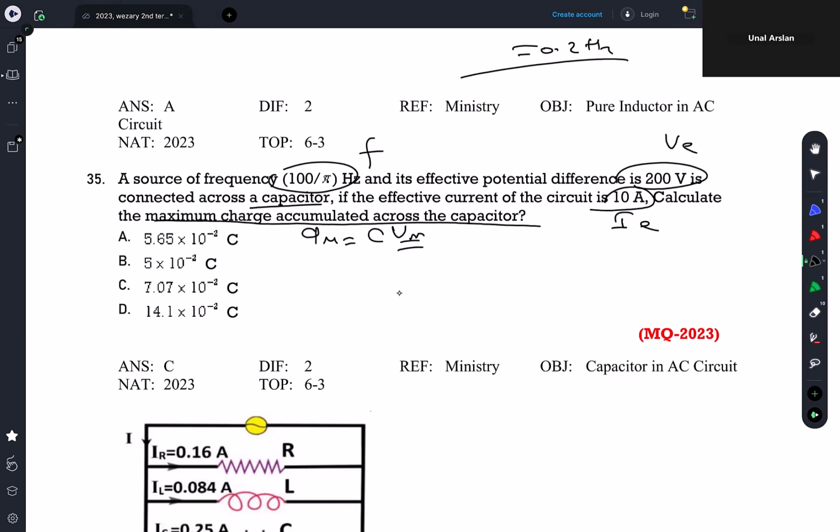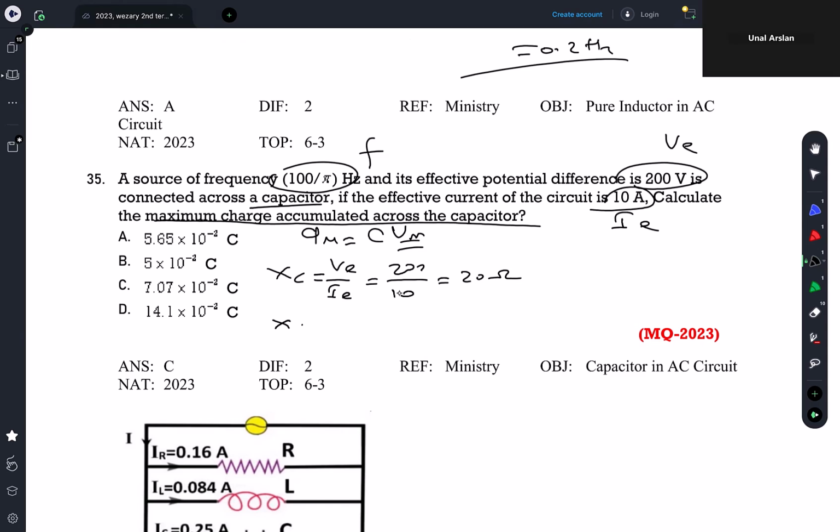We should first calculate C. In the question, there is no C given. We check it. No. So first we should calculate C. After that, we can do that. To calculate C, first XC must be calculated, which is V effective over I effective. So V effective is 200, I effective is 10, which is going to be 20 ohm.